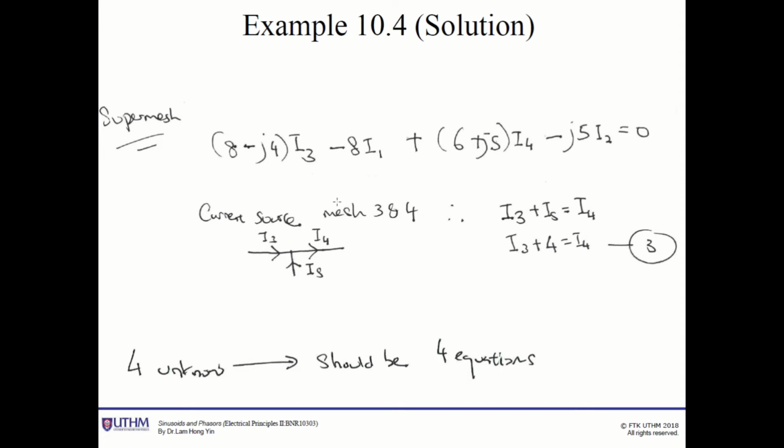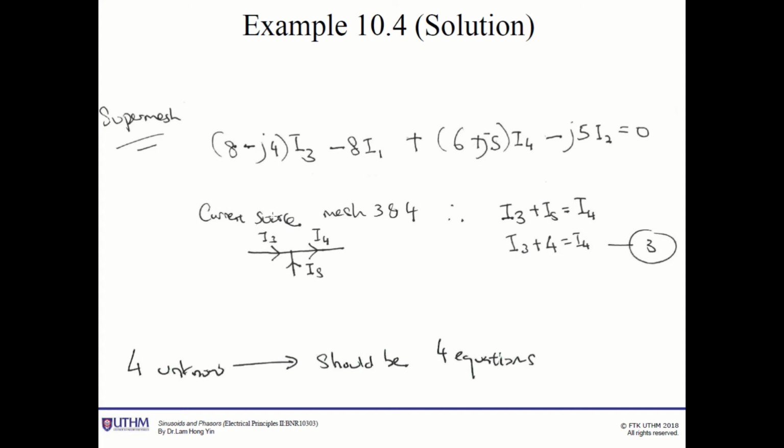And then for I3 and I4 you can get the equation for the super mesh. So this is the equation for super mesh I3 and I4, and because we have 4 variables I1 to I4, and we got I1 and I2 and the super mesh equation, we need another equation. So how do we get another equation?